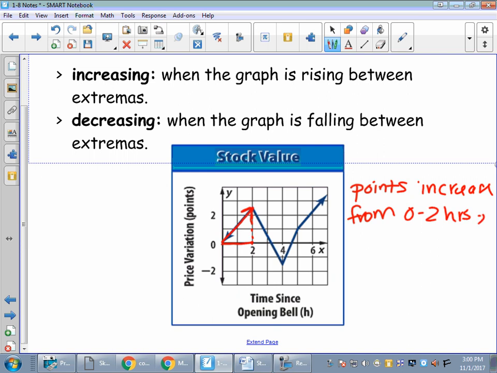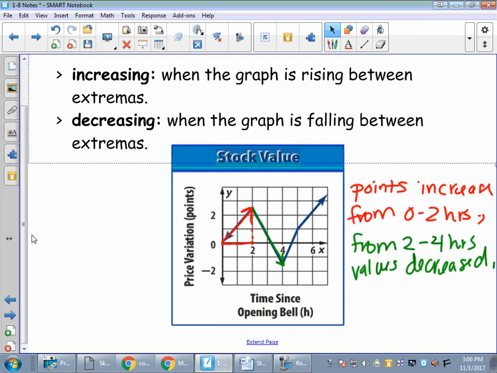And then we can just walk our way through. From that point, 2 hours to 4 hours, values or points decreased. The stock value is measured in points. And then we go back up. Right between, we're at the maxima here, and then the minima here, it switches again.